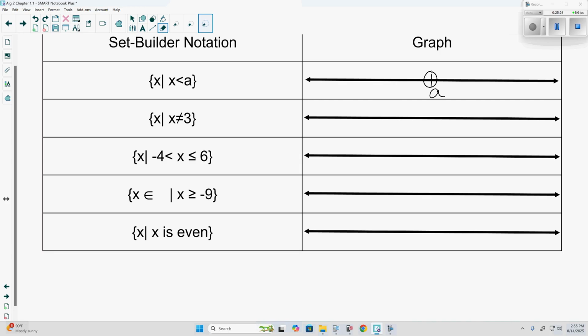If it's somewhere on the number line, it could be any number on the number line. But what we're saying is that x is less than it, yes? So would the point, our circle at A, be opened or closed? Would we shade to the left or to the right? That's it. That's all it's saying.